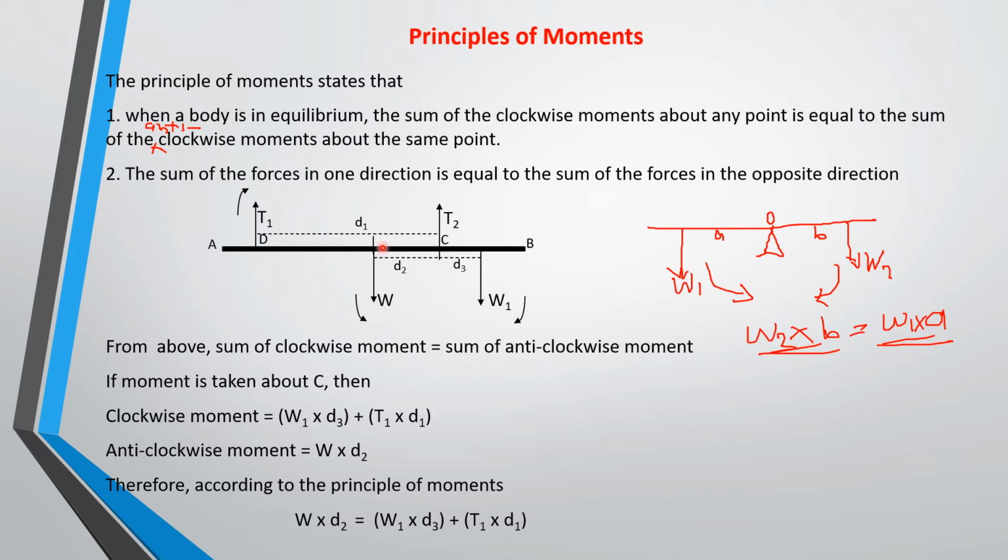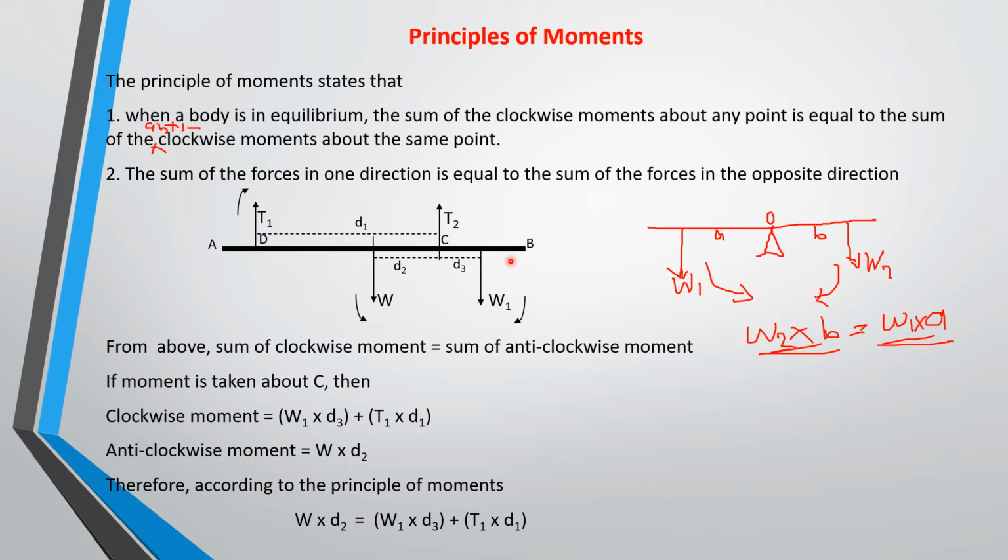They are point D and C. Now, for you to rotate this object, you can take a moment about either point C or point D. But take note that the principle of moments states that the sum of clockwise moments equals the sum of anti-clockwise moments. So if we now decide to say C is our point of rotation, which forces or which moments are your clockwise moments?